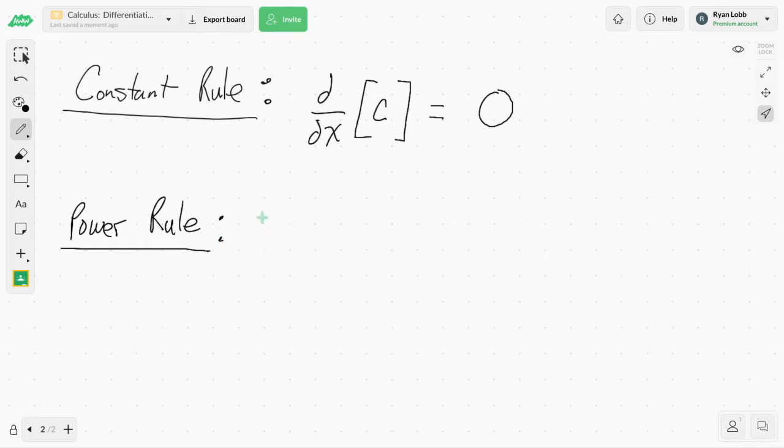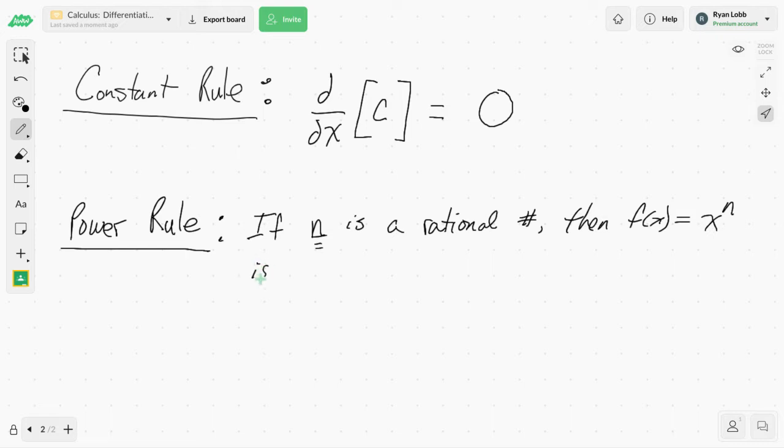For the power rule, if n is a rational number, then f of x equals x to the n is differentiable, which means we'll be able to define the slope at any x on the function.